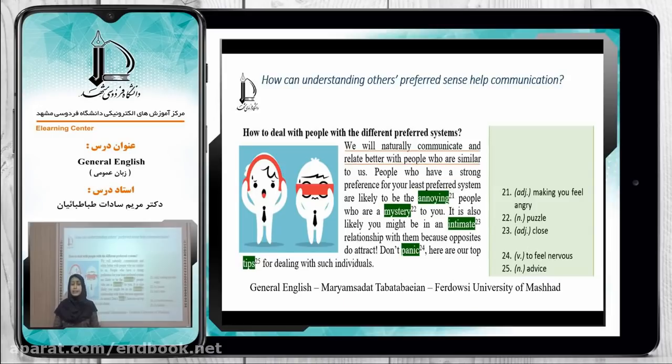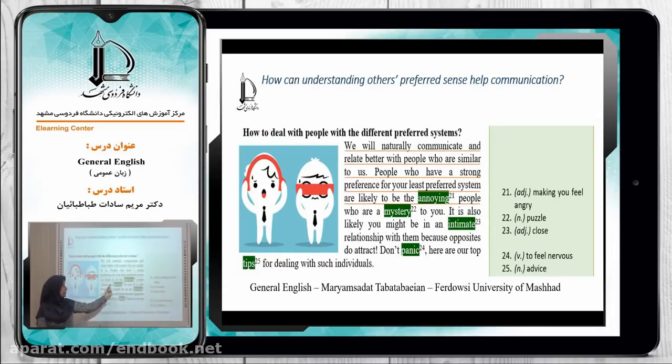Look at these. It says, if we are similar to other people, we can communicate more successfully. And if we are totally different, completely different, then maybe we don't like the people we are communicating with.